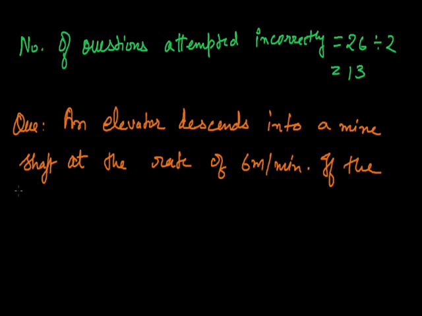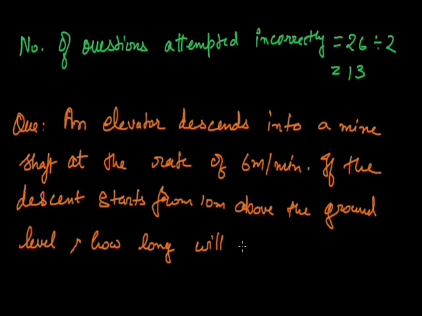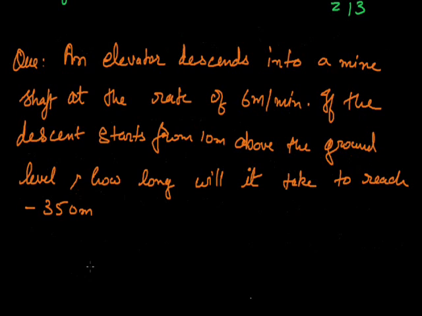If the descent starts from 10 meters above the ground level, how long will it take to reach minus 350 meters? Minus 350 meters means you are going downwards. Now every 1 minute the elevator goes down by 6 meters. So we have to find in how much time it will reach 350 meters below the ground.